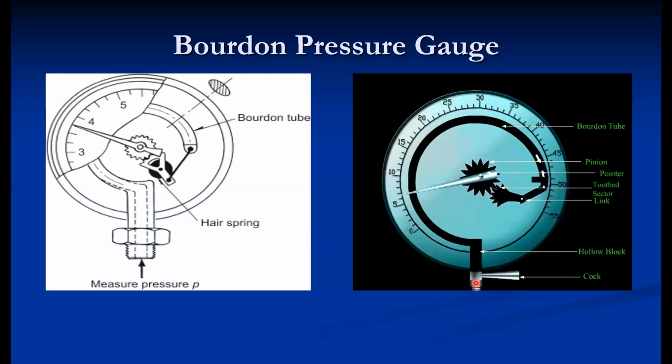So if the liquid enters into the tube, it expands and rotates the pointer in clockwise direction. If the liquid is taken from the tube, generally on the negative side, then the tube contracts and the pointer moves in anti-clockwise direction. This way, the Bourdon pressure gauges work.